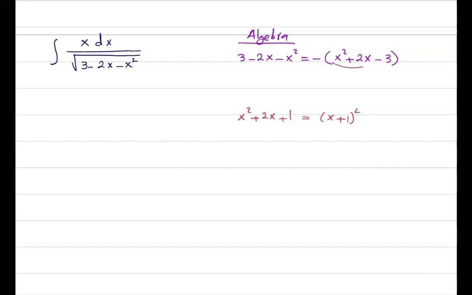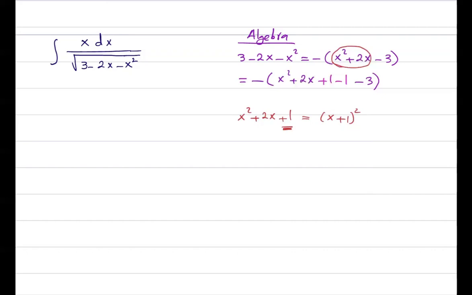parentheses. So I have x squared plus 2x. What I'm missing is this constant 1. So I'm going to add and subtract 1 so I can balance this. So I have minus x squared plus 2x, I'm going to add and subtract 1, and I'm going to copy down the last constant, which was negative 3.